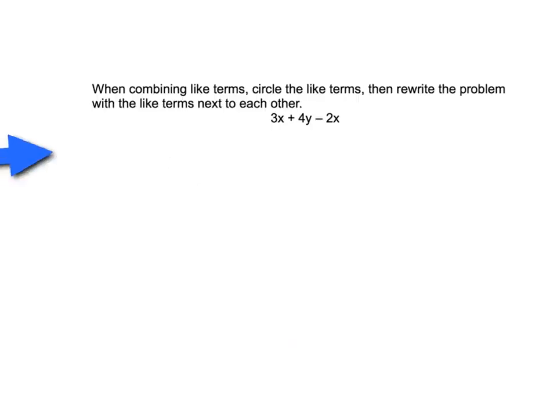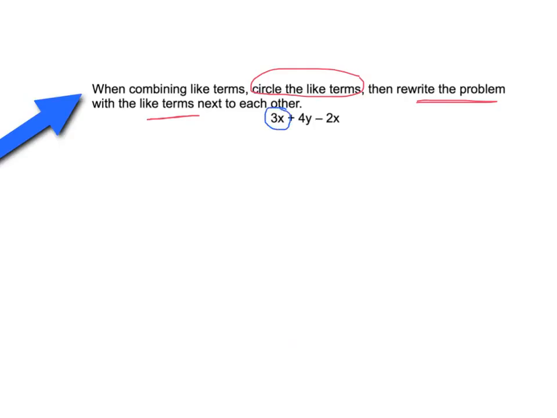So this is just a little reminder that when combining like terms, you're going to circle the like terms and then rewrite the problem with the like terms next to each other. So in this example, we have 3x plus 4y minus 2x. I see that I have a 3x, a 4y, and then a negative 2x. The 3 has an x behind it, and so does the negative 2x.